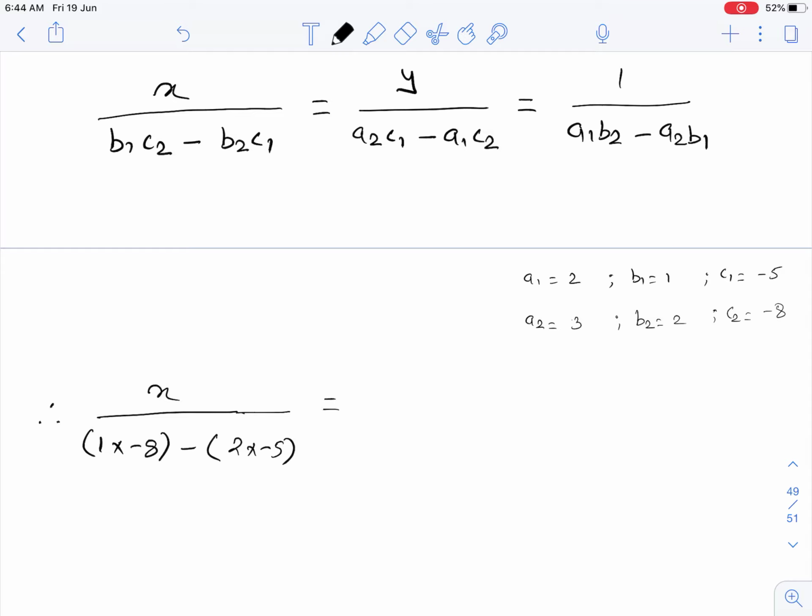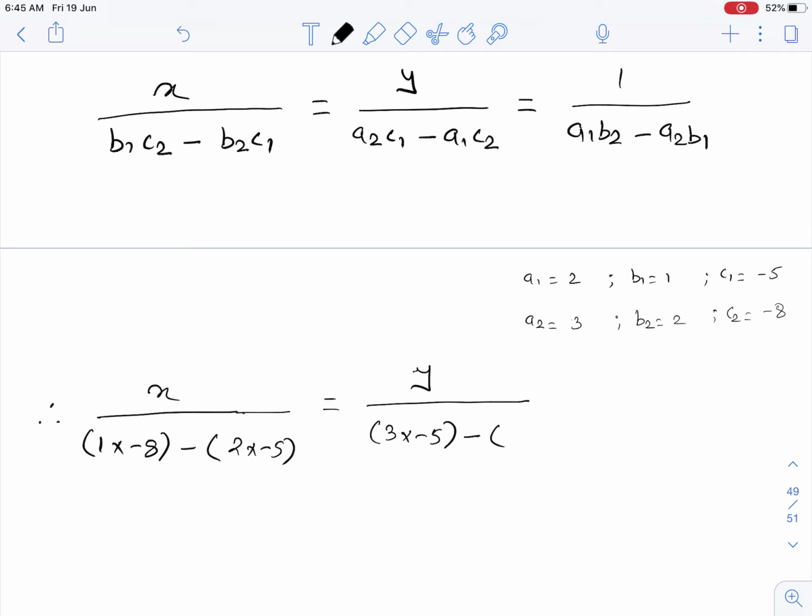Equals to, the next what you have to do, y upon, now y upon what, a2 c1, that is this 3 will multiply to minus 5. So 3 into minus 5, then here subtraction sign is there, so we will continue that one. The next one is a1 c2. So what is the value of a1? 2 will multiply to this minus 8.